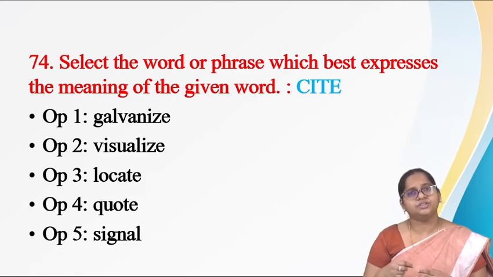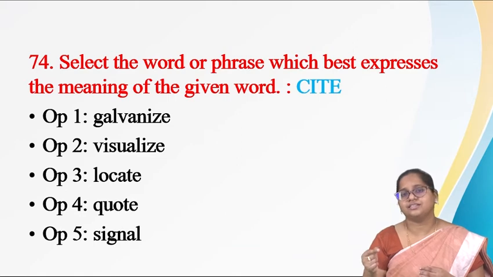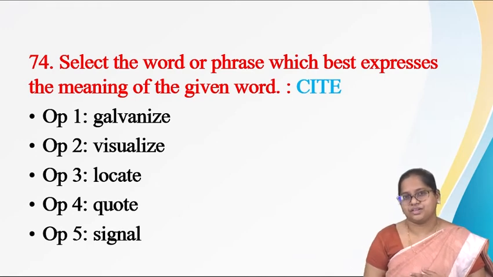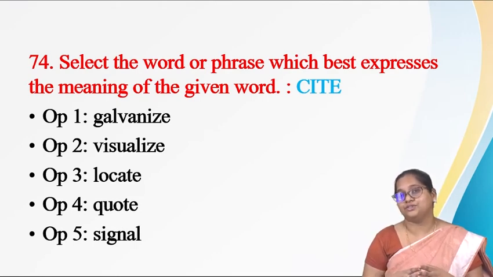So what is that? When you cite somebody's work, it means you draw an indirect reference to that. So that is the sense of it. It is something that you should do, right?